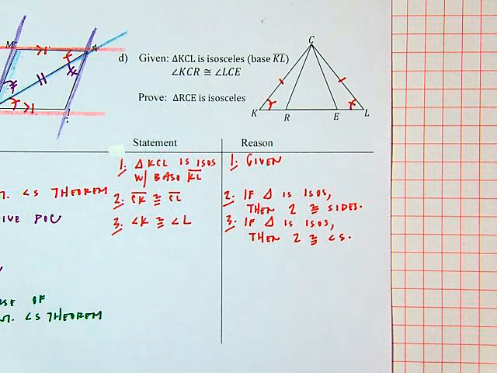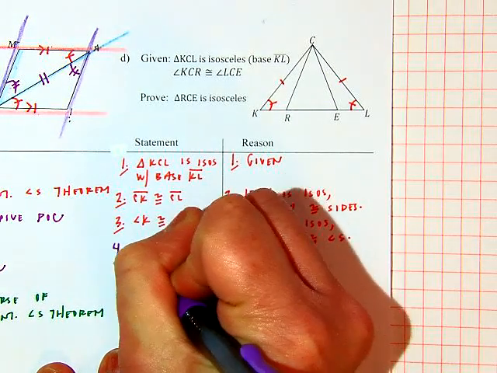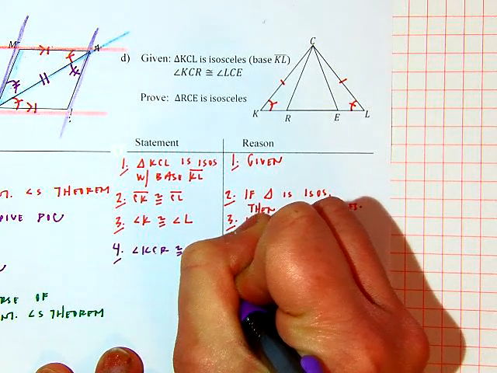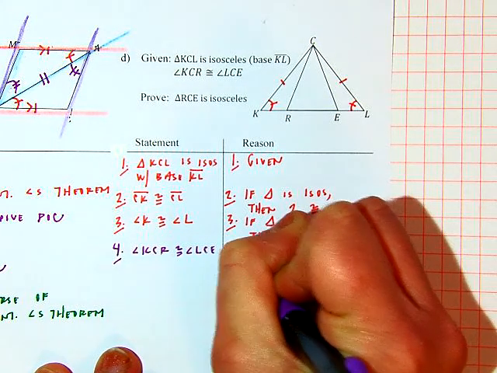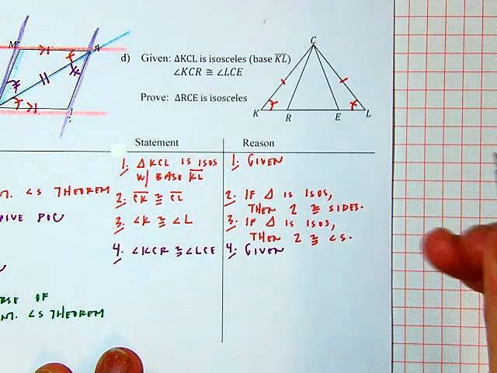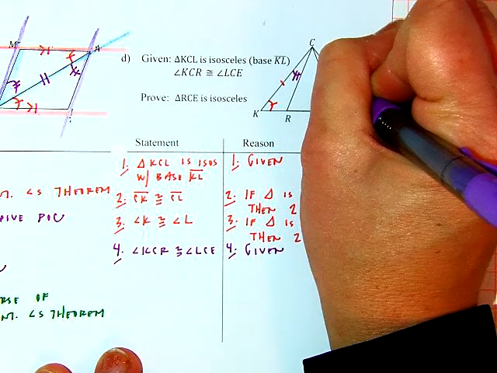All right, so I'm at a dead end building off of that given, so I'm going to pick up the other given. Angle KCR is congruent to angle LCE, given. And then mark my picture, KCR. So this angle to this angle here.